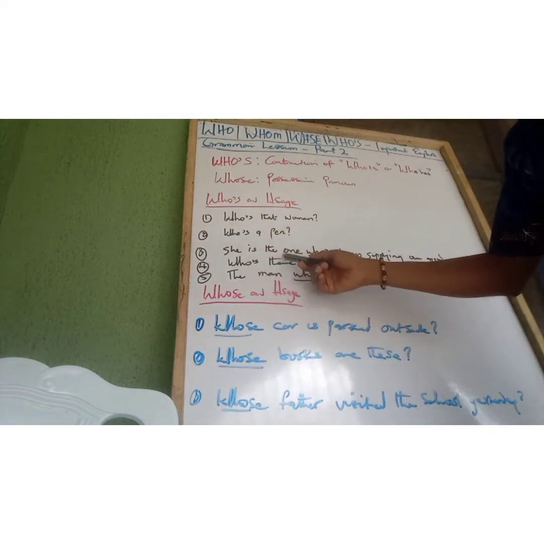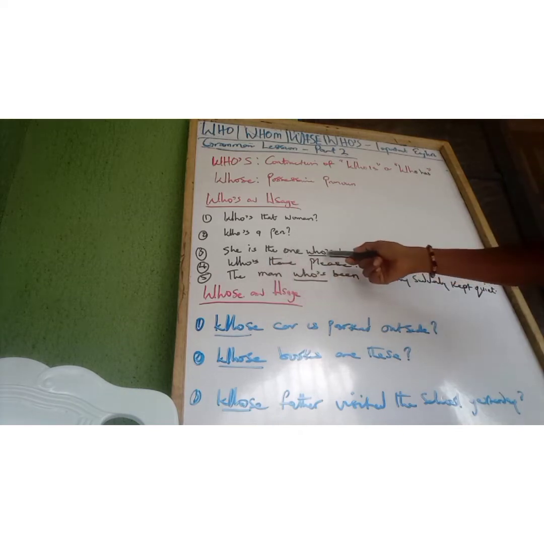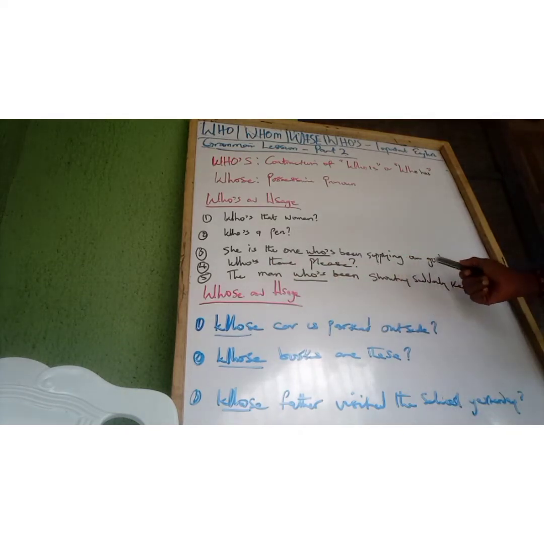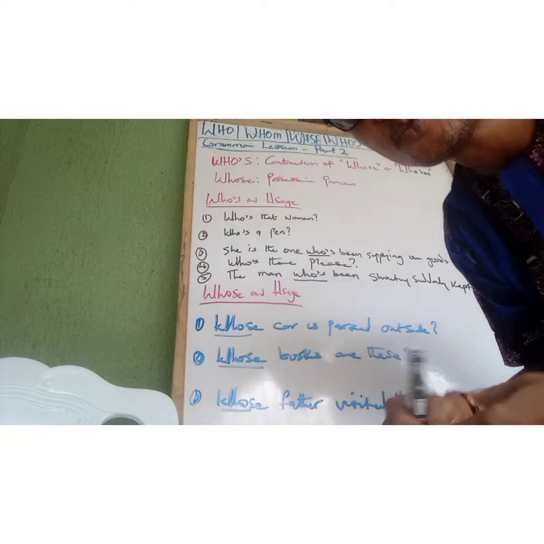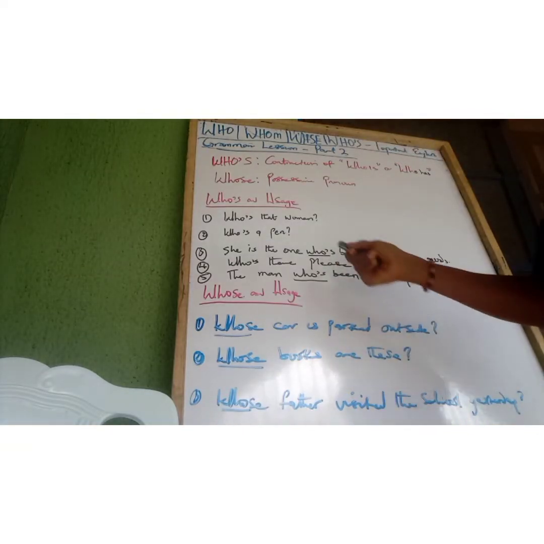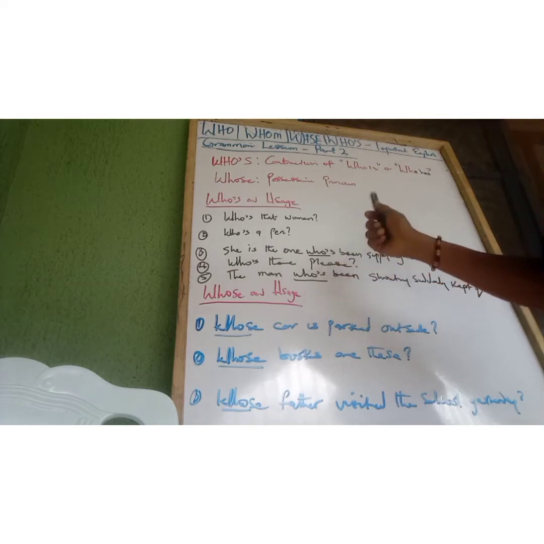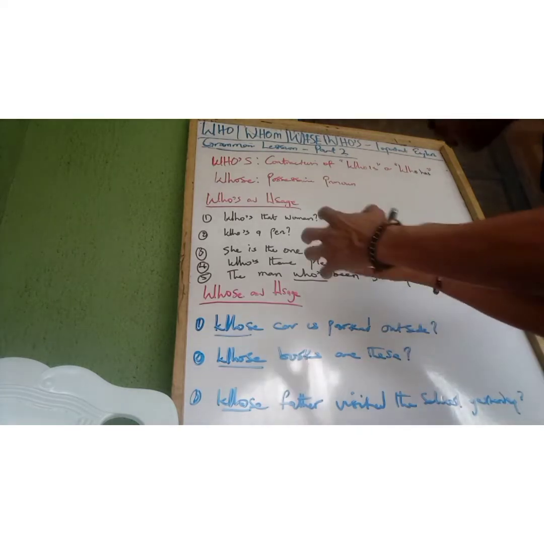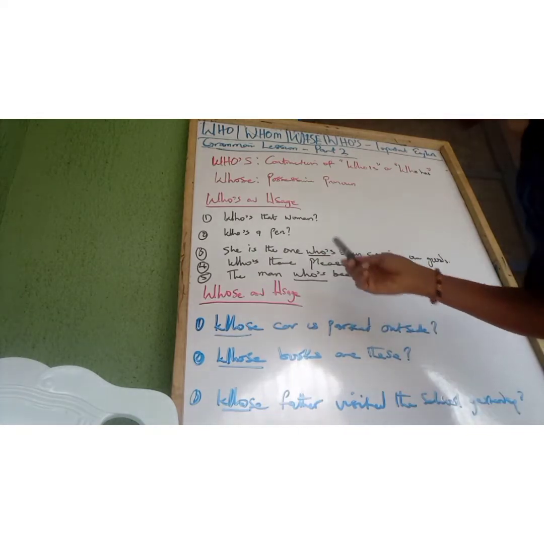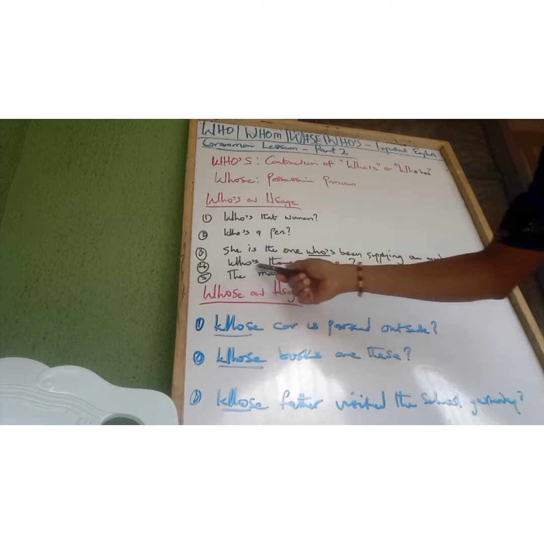Then: she's the one who's been supplying goods. The H and A have been omitted just to form the contracted form of the pronoun. Then: who's there, please?